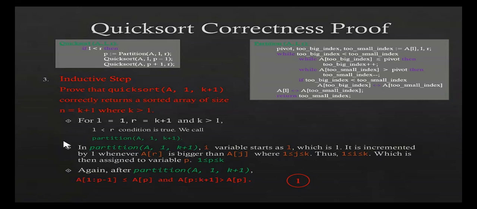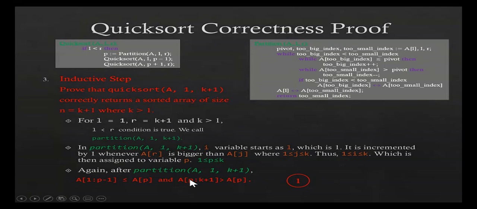So after this partition statement executes, the leftmost array is 1 to P minus 1, because P is our pivot position, the pivot index. Its elements must be smaller than or equal to the pivot element.